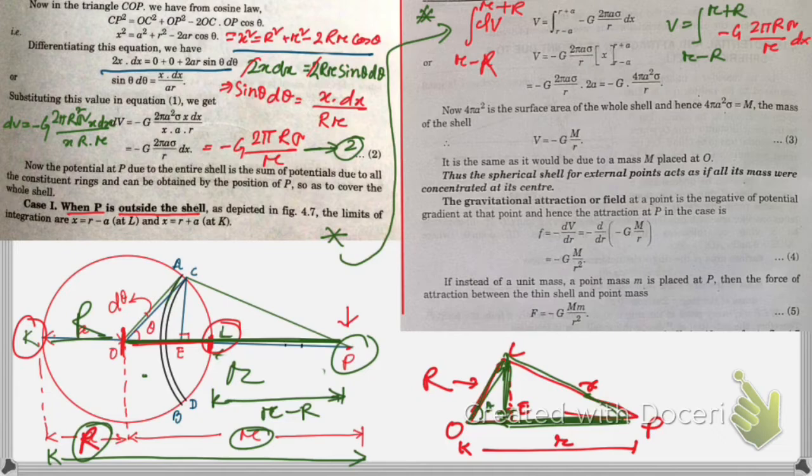You will get this expression. So if you integrate this, then you will get this result, right? So just replace the small a by capital R in its expression, right?